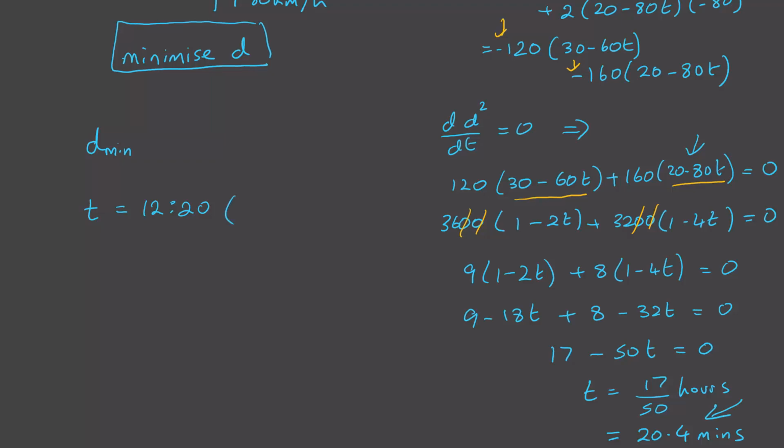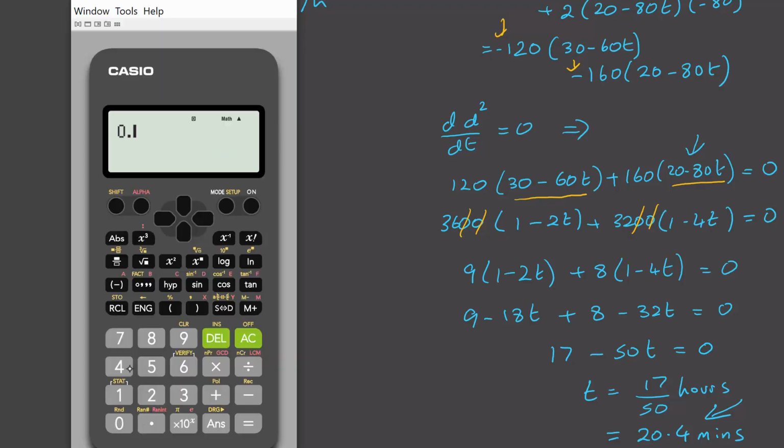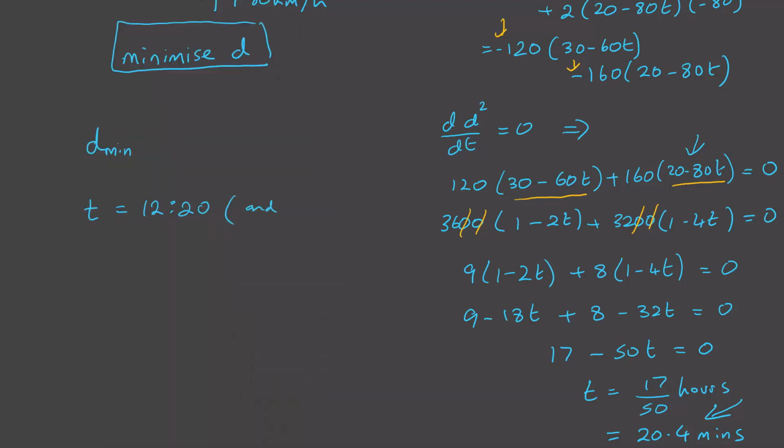And we could, if we want, do 0.4 times 60 and get 24 seconds, put that in brackets.